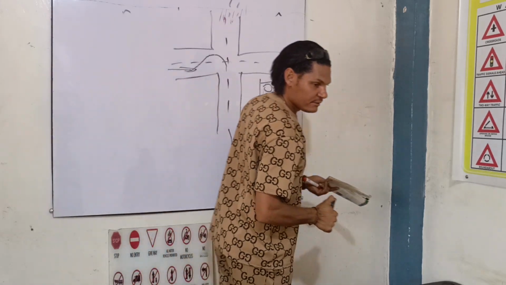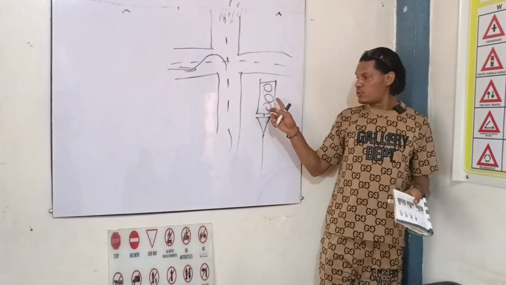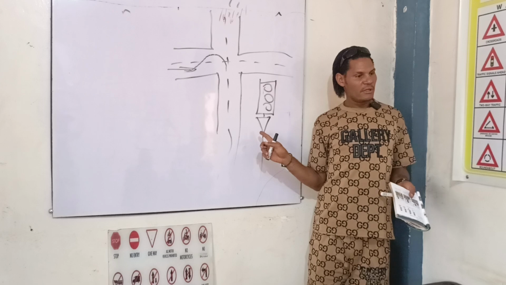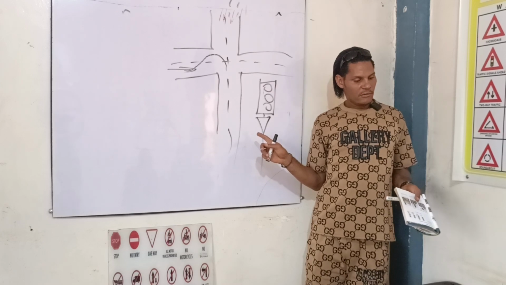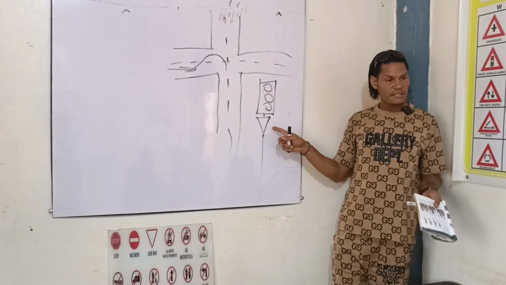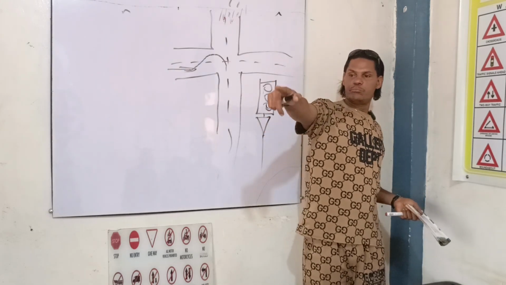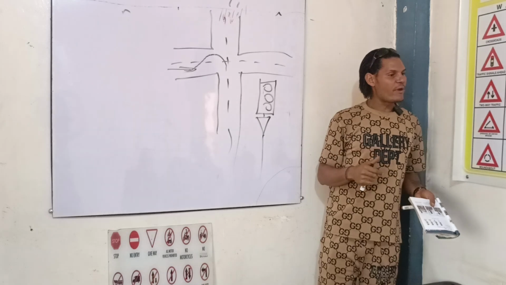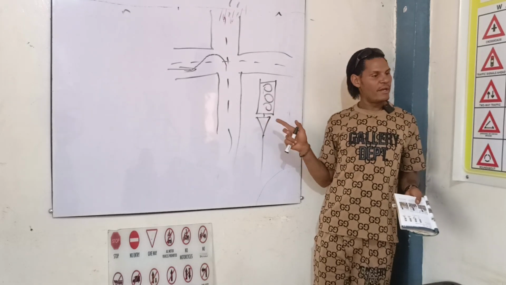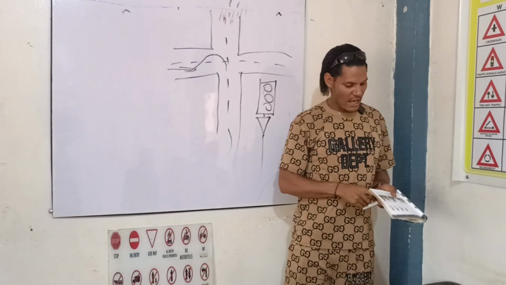Do you know why they put a traffic light and still put a sign there? Because electronics tend to fail. When the light fails, you obey the sign that is under it.